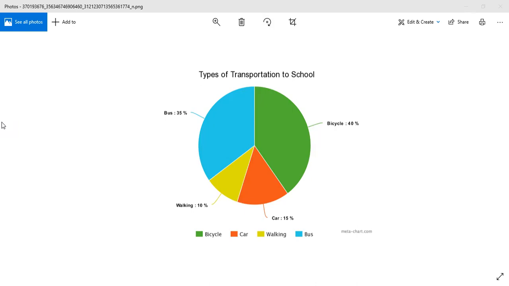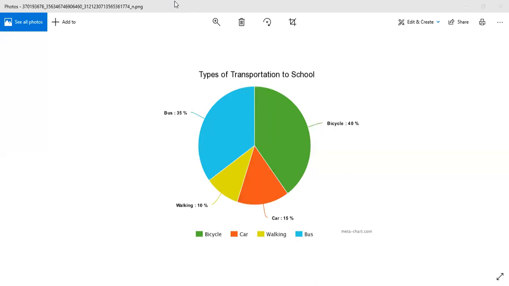And then the percentage of students who are using the bus is 35%. If we compare the percentages of the bicycle and car, we can see a huge difference because bicycle is 40% and the percentage of driving the car is 15%.